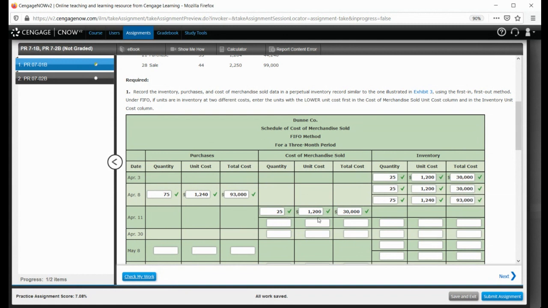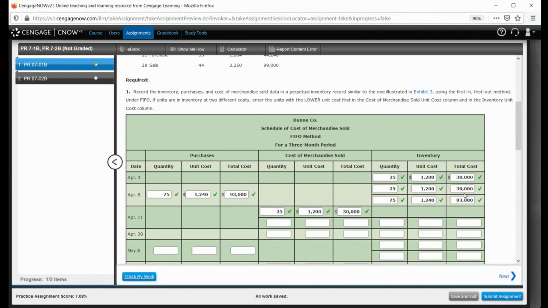The layer cost us $1,200 for 25 units. We've sold that entire layer first.